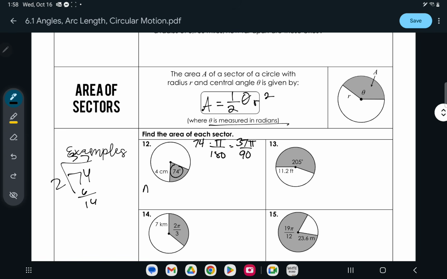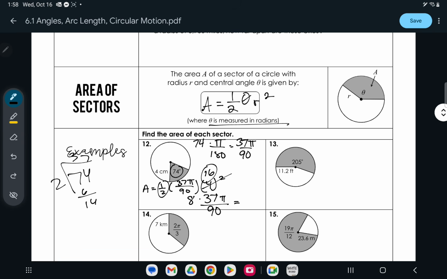The area is 1/2 theta, so 37 pi over 90 times r squared, so 4 squared. 4 squared is 16. 16 divided by 2 is 8. So I get 8 times, oops, forgot my 7. 37 pi over 90.